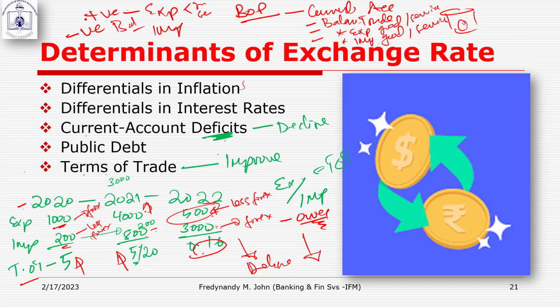If it is positive, most likely you'll have current account surplus. If it is negative, then you're going to end up with current account deficit. What about public debt?